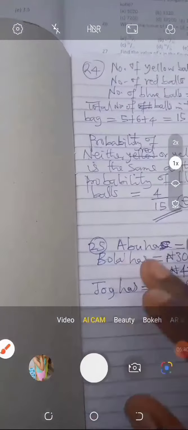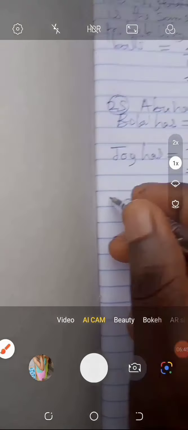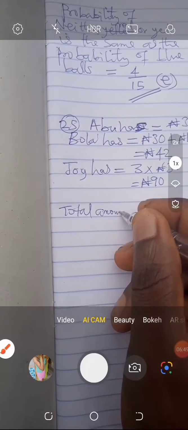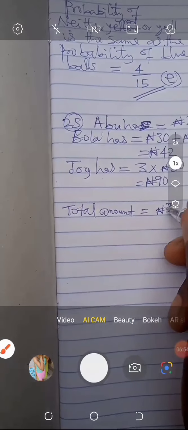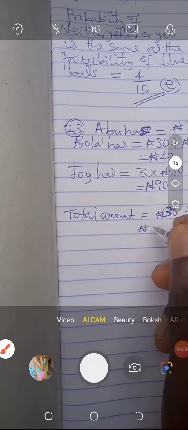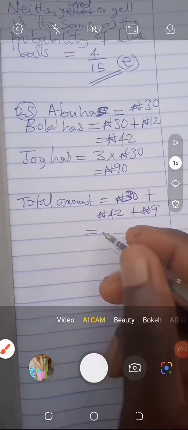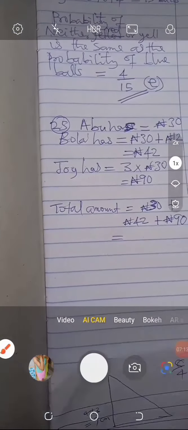So by the time we total that, it will give us the total amount for the 3 of them. So all together, the total amount will now be equal to the one of Abu, which is 30 naira, plus the one of Bola, which is 42 naira, plus the one of Joy, which is 90 naira.